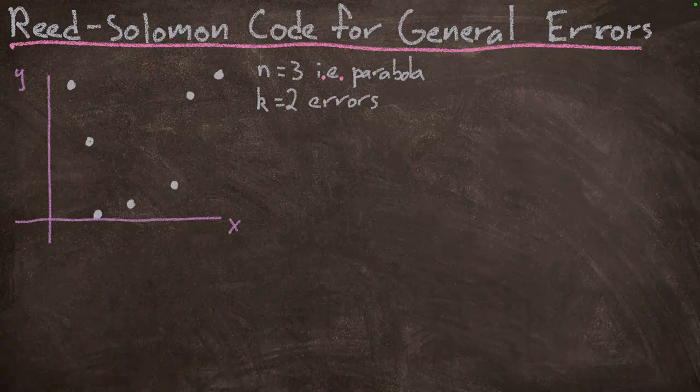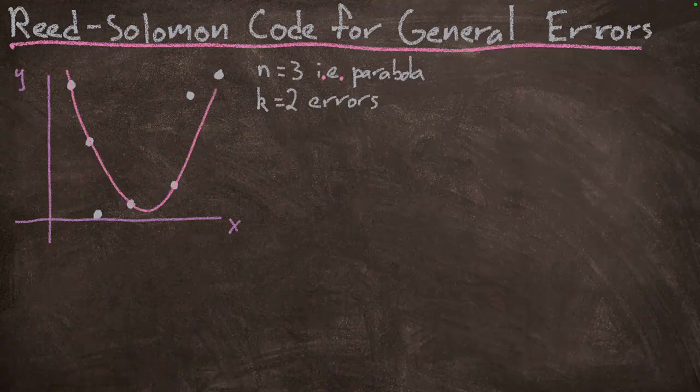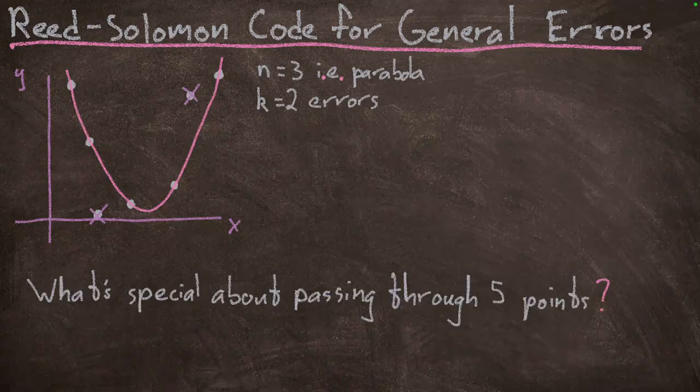So can you see the errors here? More importantly, can you see the parabola? If you see the parabola, you see the errors. So the point is, if a parabola passes through 5 points, that is enough to know you have the correct parabola. Why? What's special about passing through 5 points?